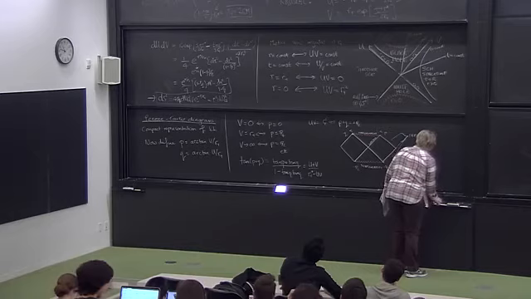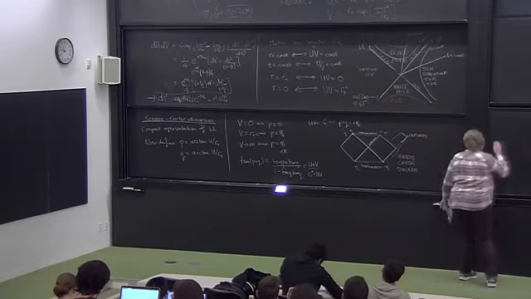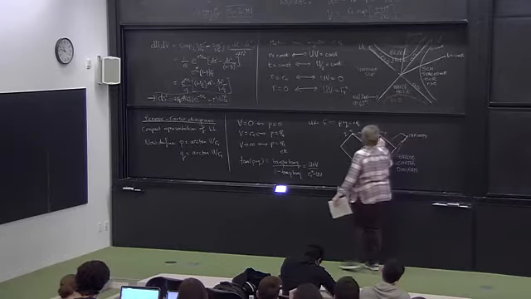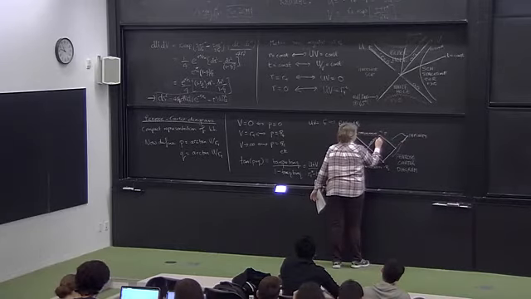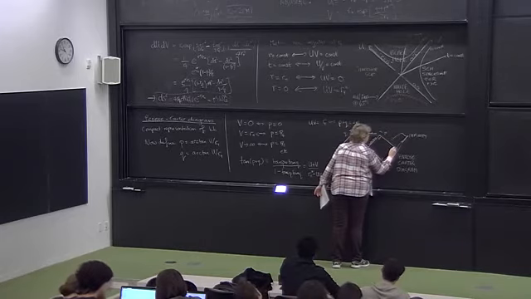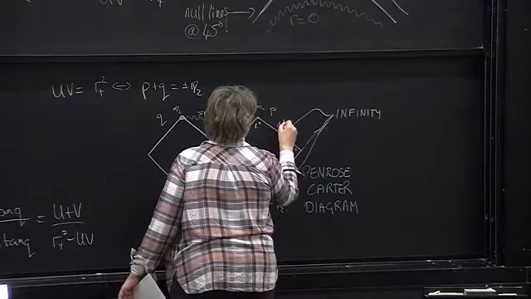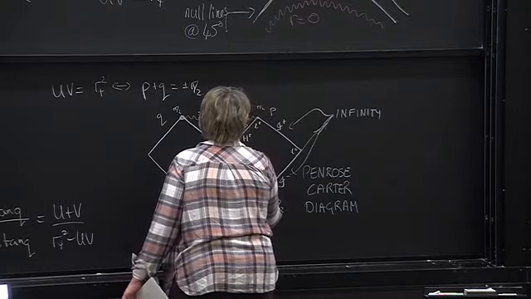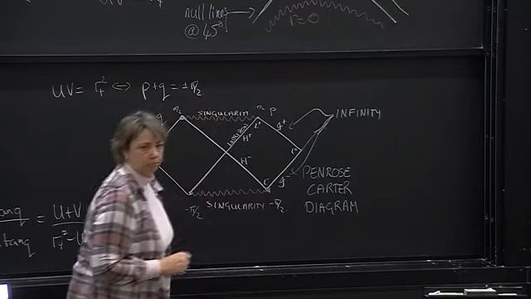Let me put the labels on and then we can talk about them. So this one is I plus, I minus, I zero, scri plus, scri minus, H plus, H minus.